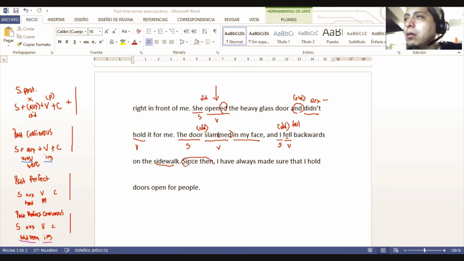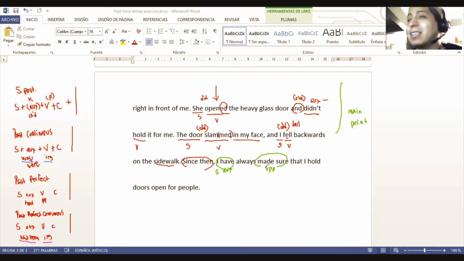Since then, aquí ya estamos cambiando y aquí ya nos estamos refiriendo. Todo esto de acá era el main point. Por eso estaba lleno de presente simple y ahí por ahí uno que otro presente continuo. Desde aquí para acá, I have made sure: subject, auxiliary, and verb in past participle. Este es el presente perfecto.